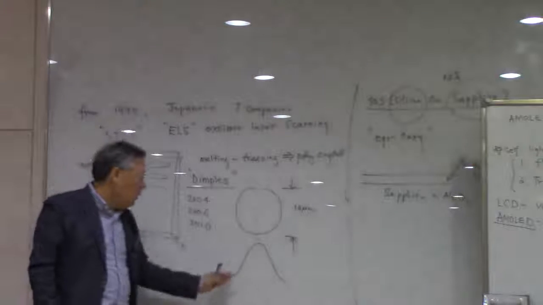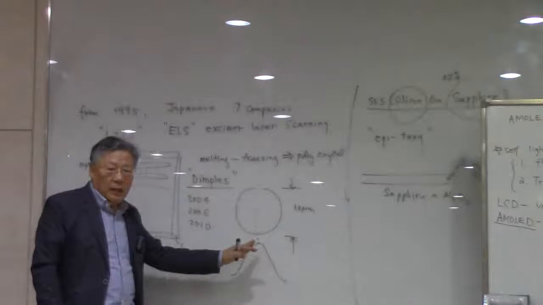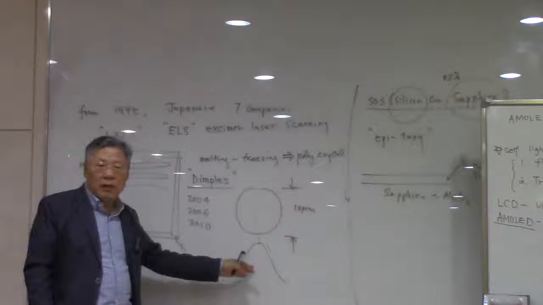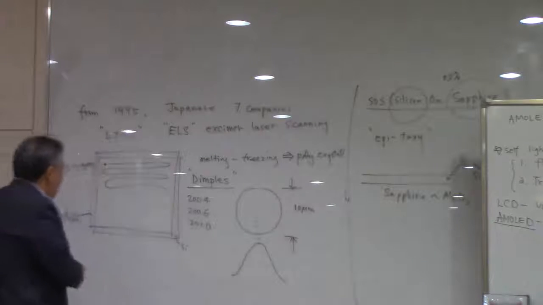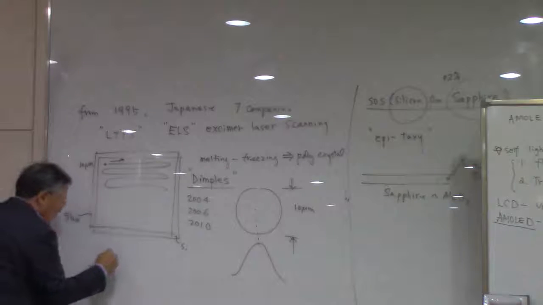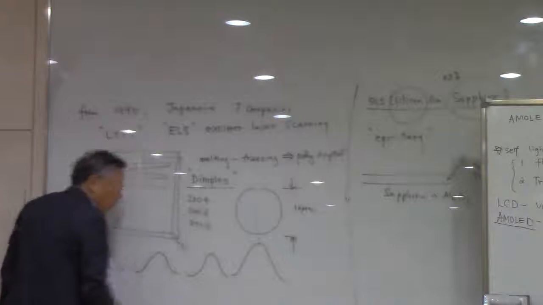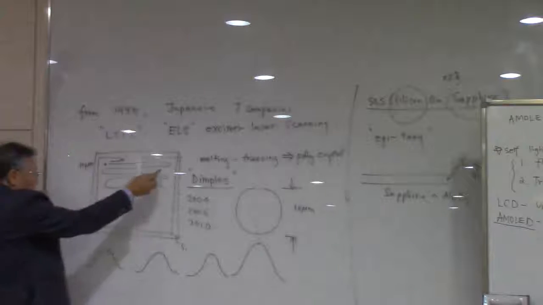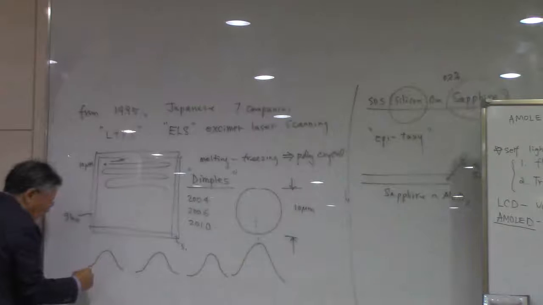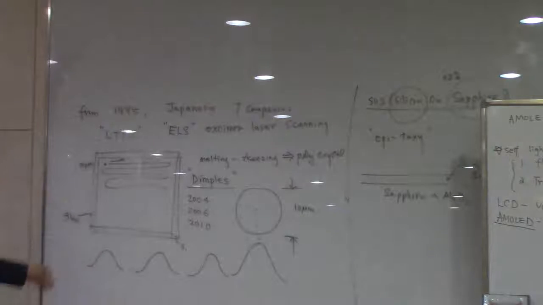I just drew this for the laser intensity on the spot, but you get almost the same figure as a dimple after the scanning. So when you scan the laser from this direction to this direction, then you're going to have dimples, something like this. And then with the scanning of this, you are going to have dimples all the way, something like this.